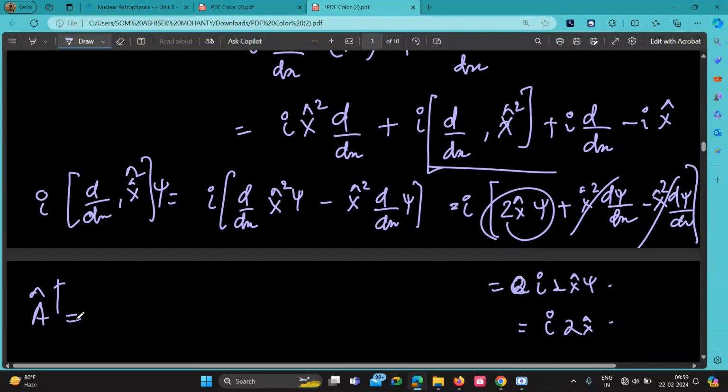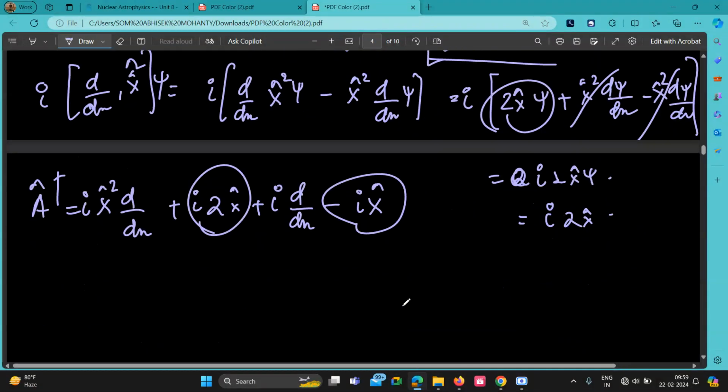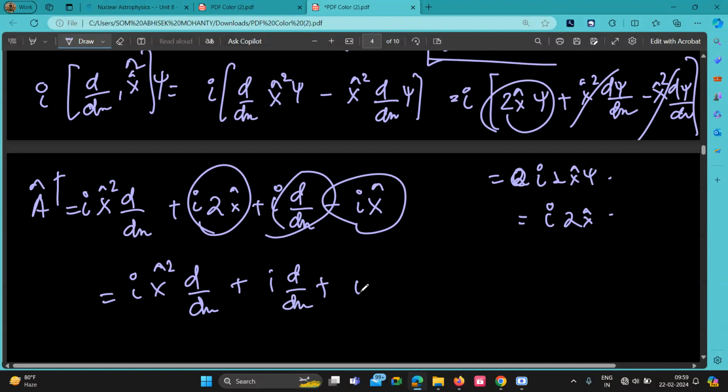A dagger is equal to i x square dy dx plus i 2x plus i dy dx minus ix. So if you see, 2ix minus ix is ix, isn't it? So I will write it as ix square dy dx plus this one i dy dx plus ix, isn't it?